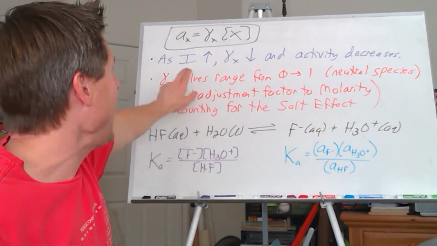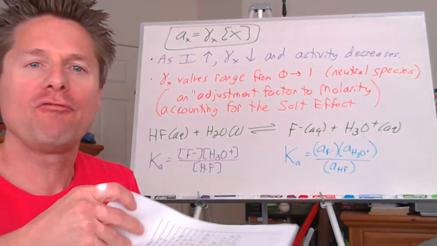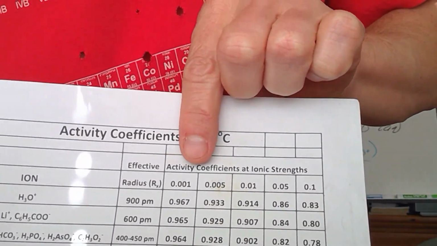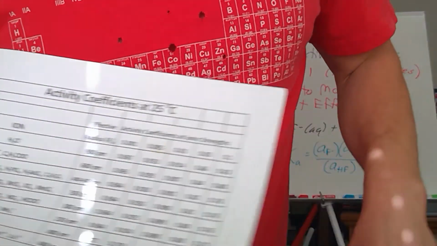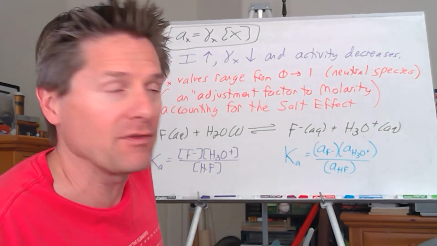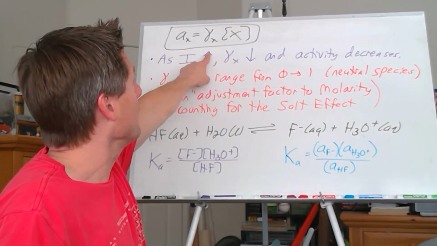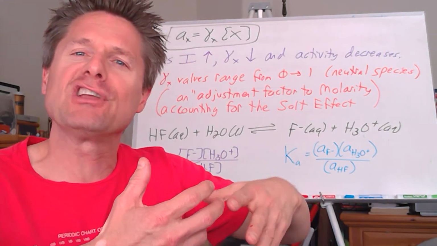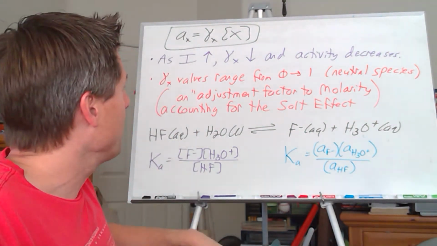As the ionic strength increases, the activity coefficient decreases. As the ionic strength gets bigger and bigger, the activity coefficients get smaller and smaller. That accounts for the salt effect. If the activity coefficient gets smaller, the activity must also get smaller, so the activity deviates further from the molarity, a bigger salt effect.